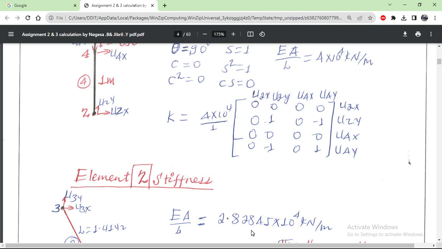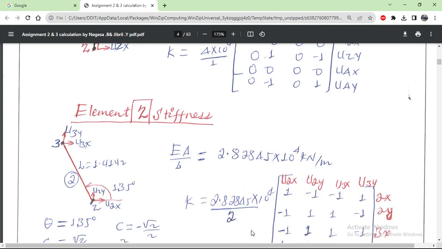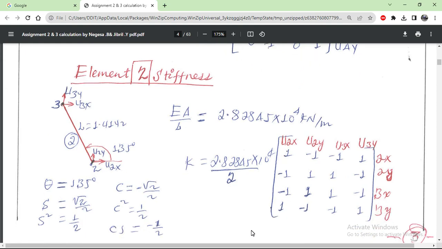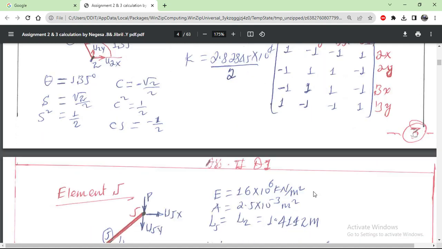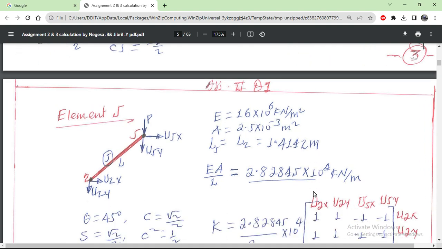Element number 2 stiffness. For element number 2, theta is equal to 135. So the generation of this result is like this. For element number 5, similar to that, the opposite of that angle is 45 degrees.